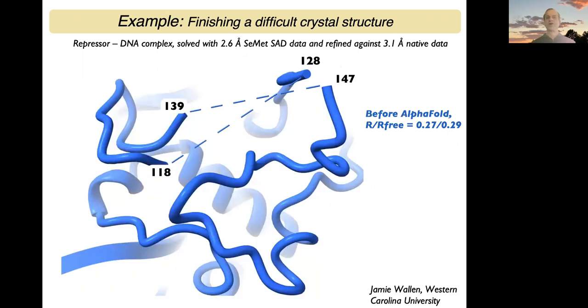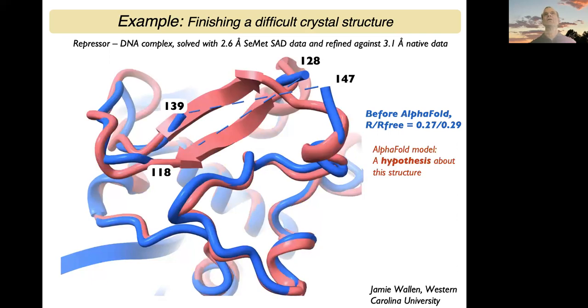So let's go and generate a new AlphaFold model based on the sequence. So we just do that. Go to AlphaFold. We have a server that you can use. You can use any of the servers and get pretty much the same answer. And here is the AlphaFold model. Wow, look at that. It superimposes on a lot of the structure that Jamie created.